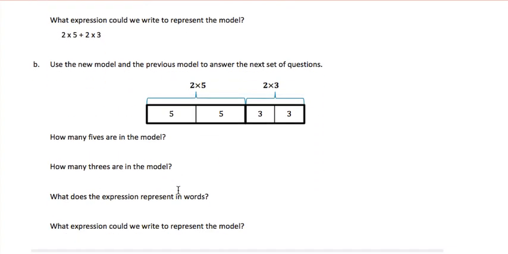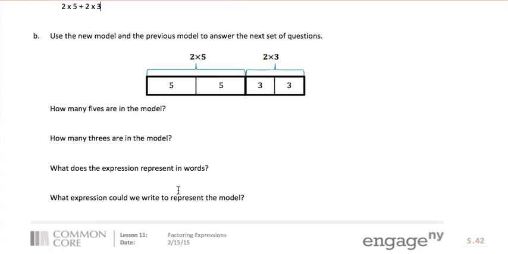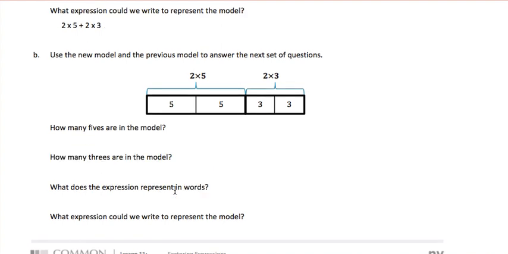Now, we're going to use the new model and the previous model to answer the next set of questions. How many 5s are in the model? 2. How many 3s are in the model? 2. What does the expression represent in words?